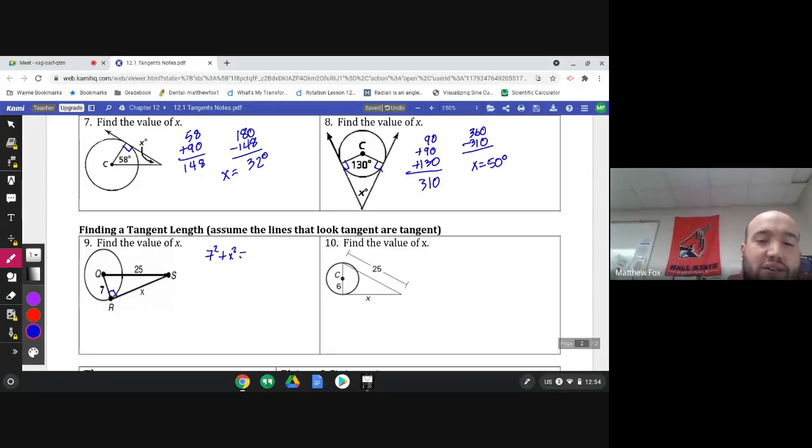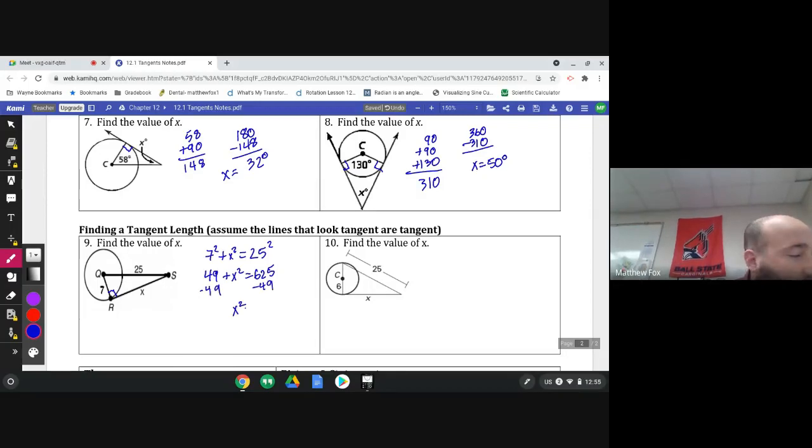The 25 has to be c because it's the hypotenuse, it's across from the right angle. So 7 squared gives us 49. 25 squared is 625. Once again, use a calculator if you need to. We subtract 49 over, and we're left with x squared equals 576.